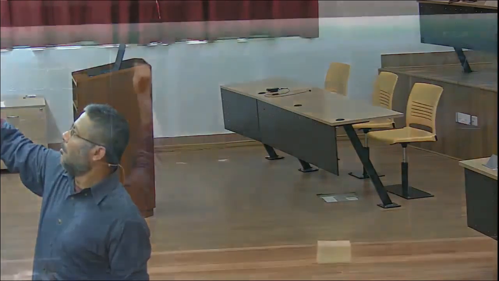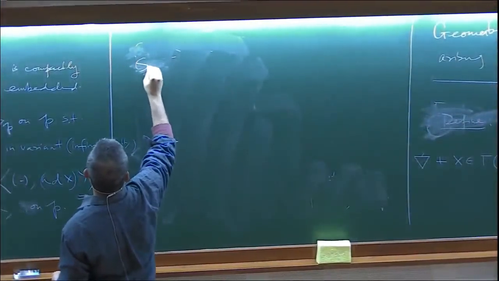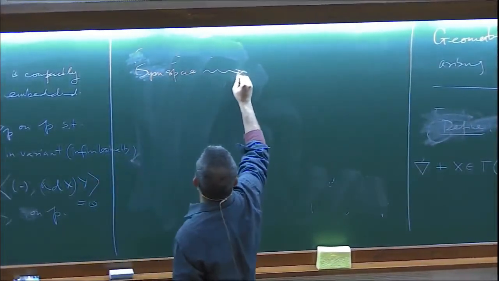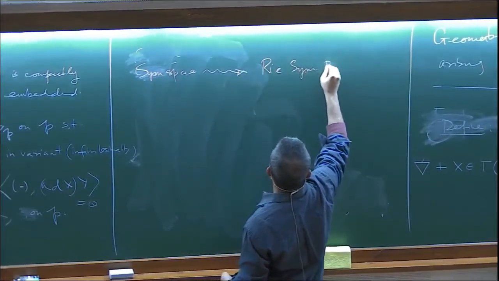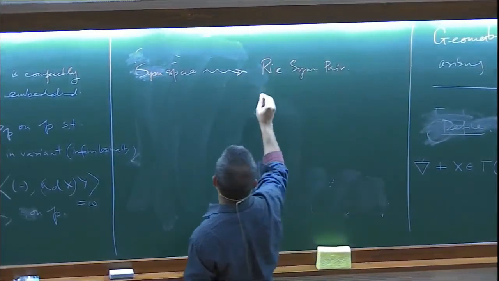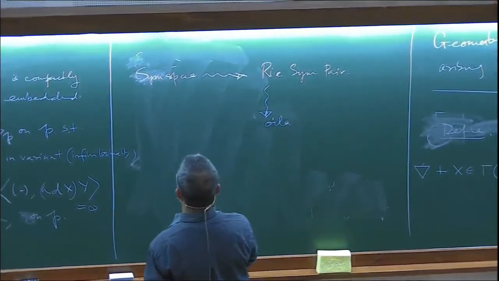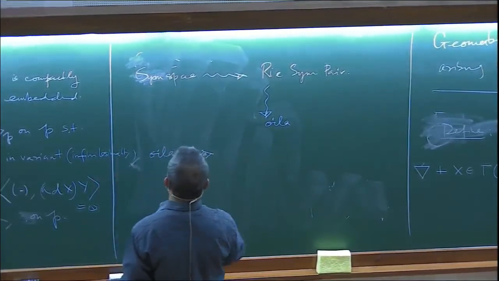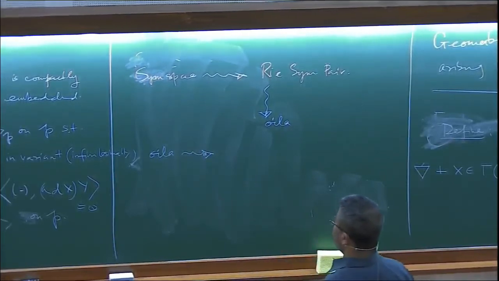From the symmetric space I get a Riemannian symmetric pair, and from it I have an OILA. Now from an OILA, I am going to construct a simply connected Riemannian symmetric space.